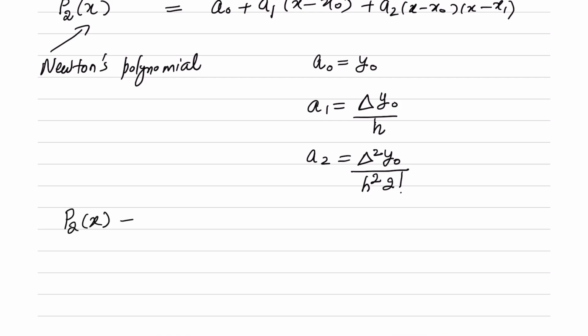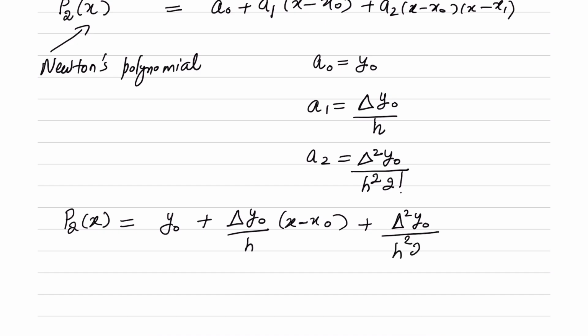So we have P2 of x equal to y0 plus forward y0 over h times (x minus x0) plus A2, which is forward square y0 over h square 2 factorial times (x minus x0) times (x minus x1). So this is Newton's polynomial in forward differences notation.